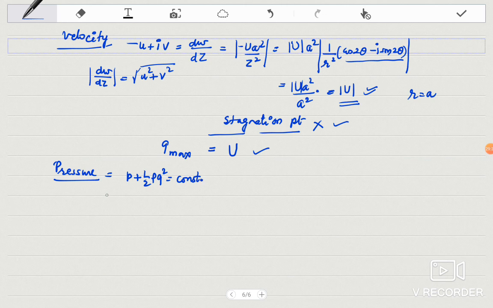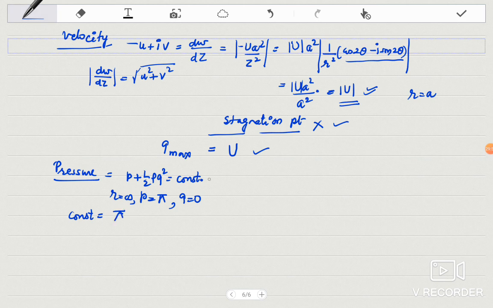So if I say that at r is equal to infinity, p is p infinity, and what is q at infinity? q is 0. So I get the value of the constant to be p infinity.